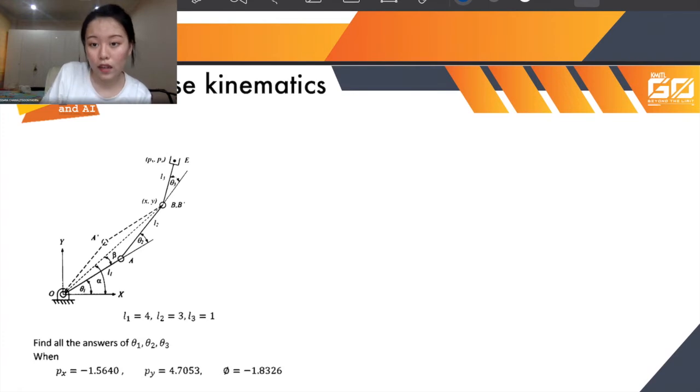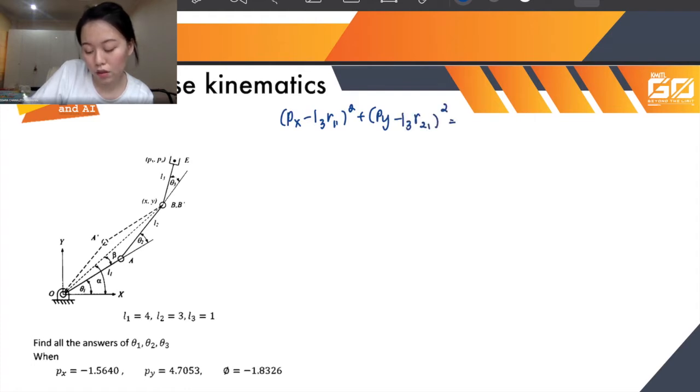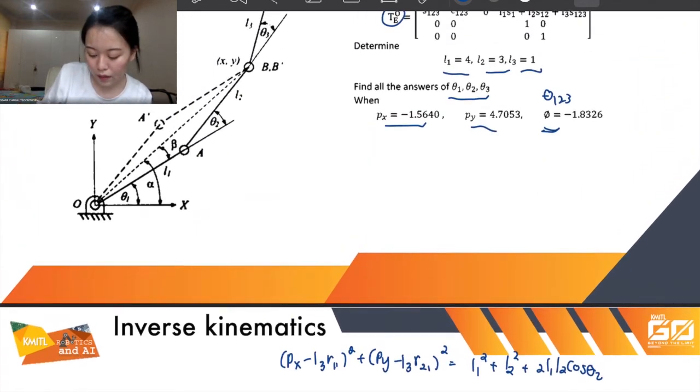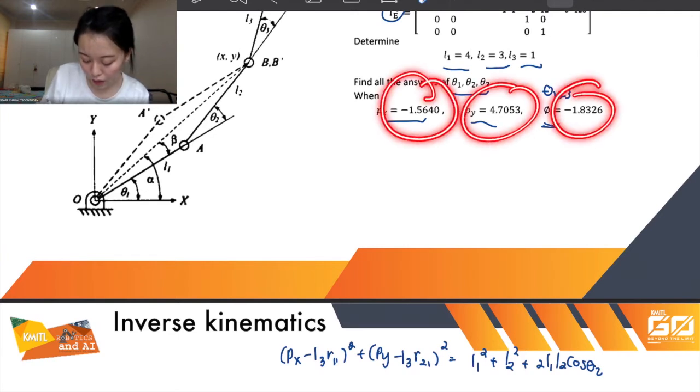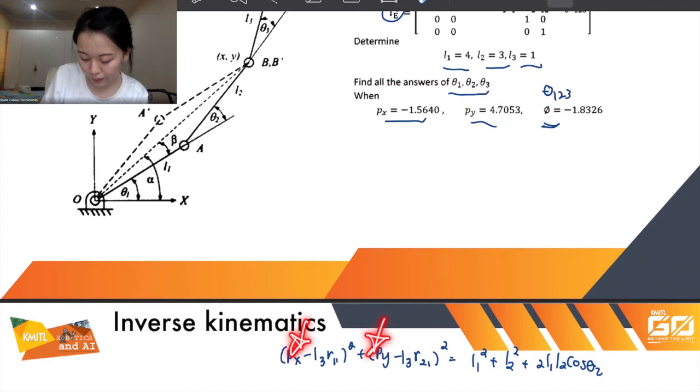First, we have to find theta 2, right? As an equation, (px minus L3 R11) squared plus (py minus L3 R21) squared equals L1 squared plus L2 squared plus 2 L1 L2 cos theta 2. And you can see that we can take px and py from here and put them into here. Okay.